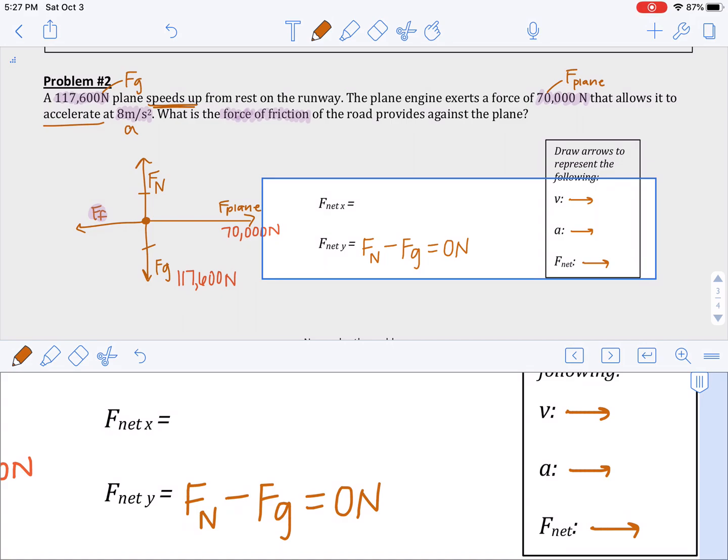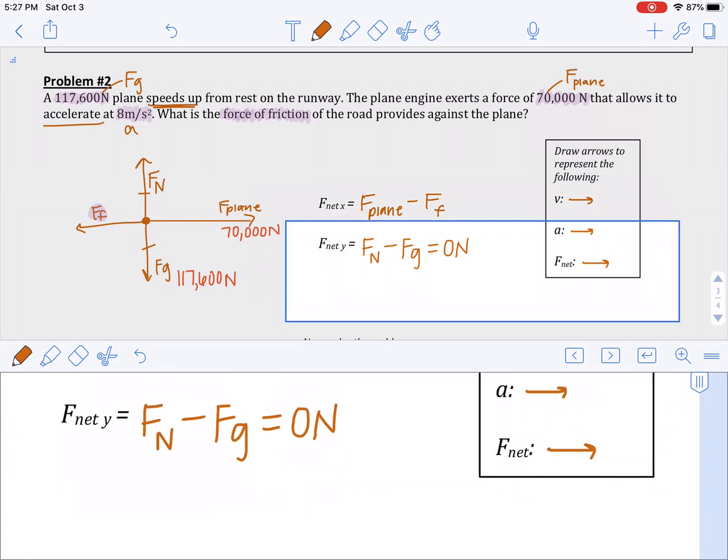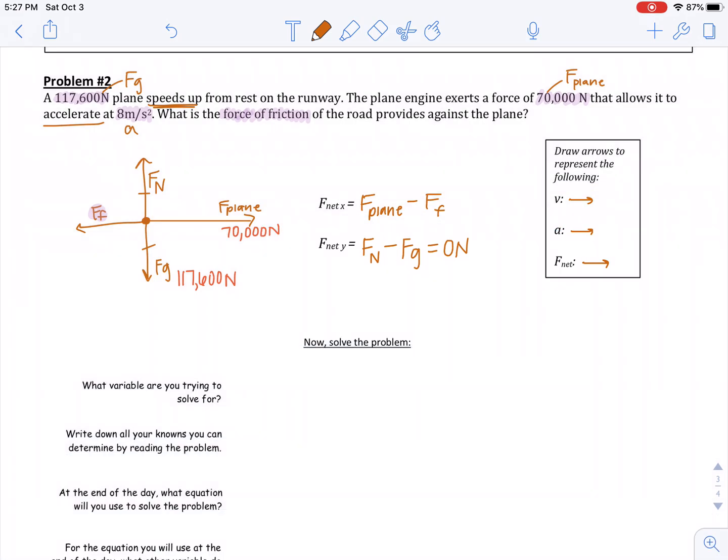My F net X, I've got the force from the plane, subtract the force of friction, and that is not going to be equal to 0. So this is my trick, because right now I'm feeling kind of overwhelmed. I have a lot of information, but I don't know how to solve this problem.